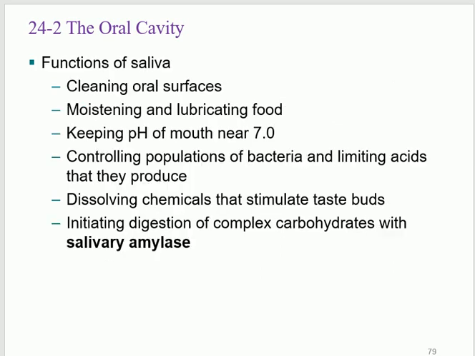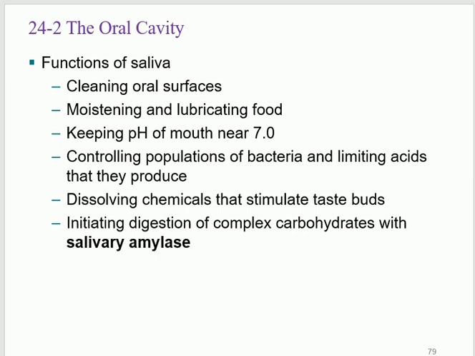Saliva is not just for lubrication. It's for lubrication, that's one. Chemical digestion, two things. What do we digest in the mouth? Salivary amylase, amyl, sugar. What else? Lipase, lingual lipase, fat. Do we digest proteins? No, we don't digest proteins in the mouth. And this is only starting the digestion.